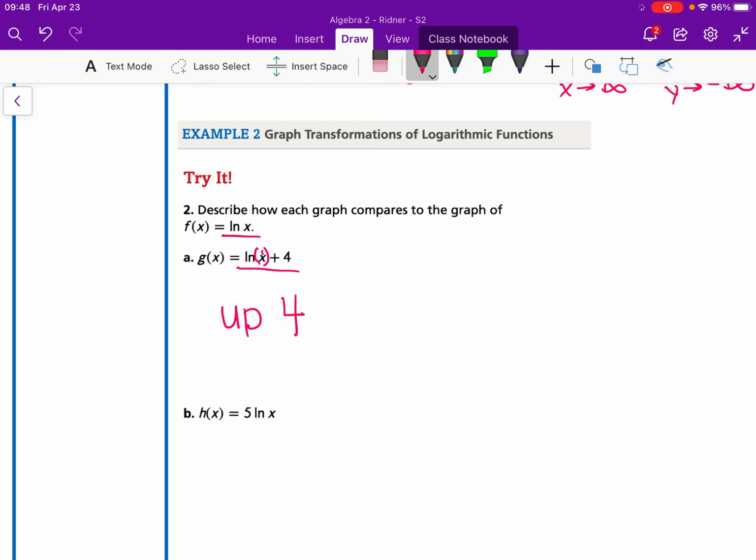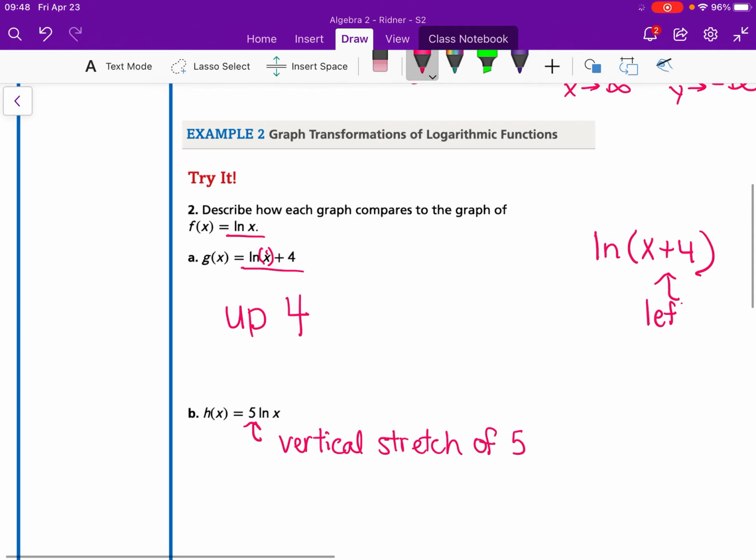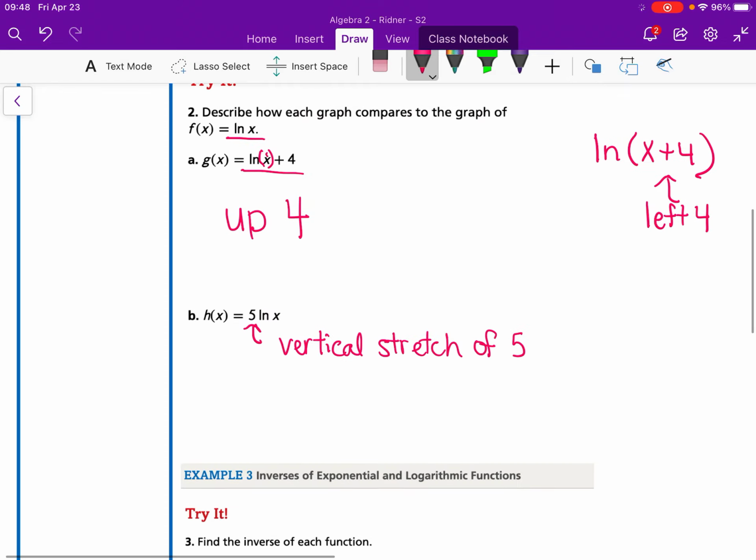So up 4. If the number is out front, then that is a vertical stretch. If I had something like this, that would mean left 4 if it's on the inside.